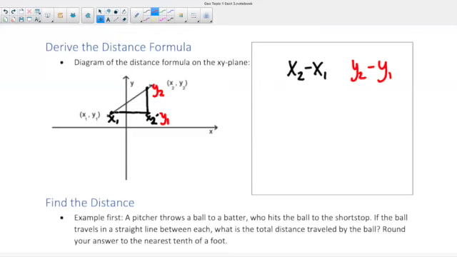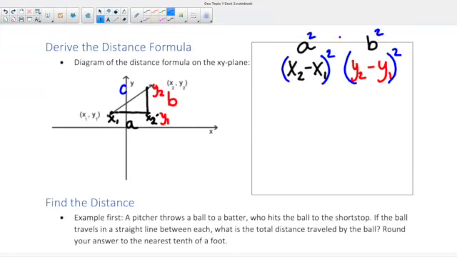So that is like the Pythagorean theorem, where we have two lengths of a triangle. We have side A and we have side B. And so if we wanted to find side C, we would have to square these sides, A and B, just like in the Pythagorean theorem, A squared plus B squared.